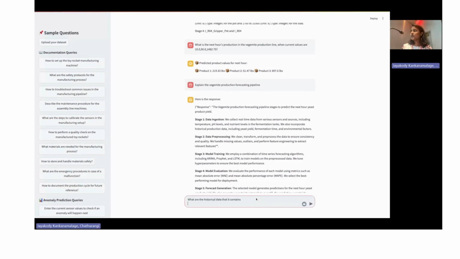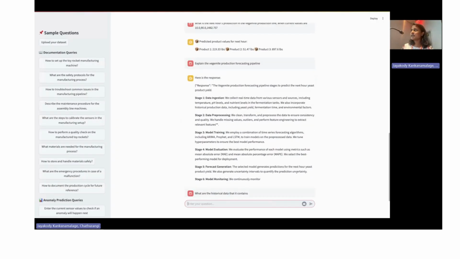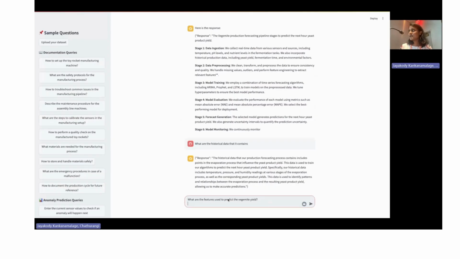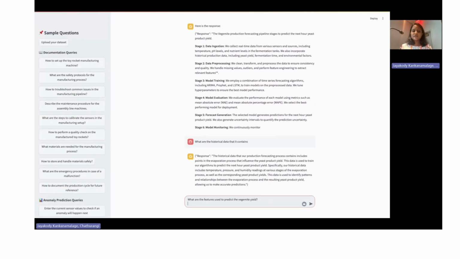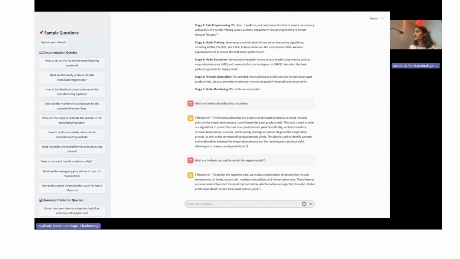Say that I want to know more information about this data to allocate my resources and how it can aid my decision making. And then it gave me more information on the historical data that this particular pipeline includes. And then if I want to know about features that can be used to predict this Vegemite, it retrieves this information as well.